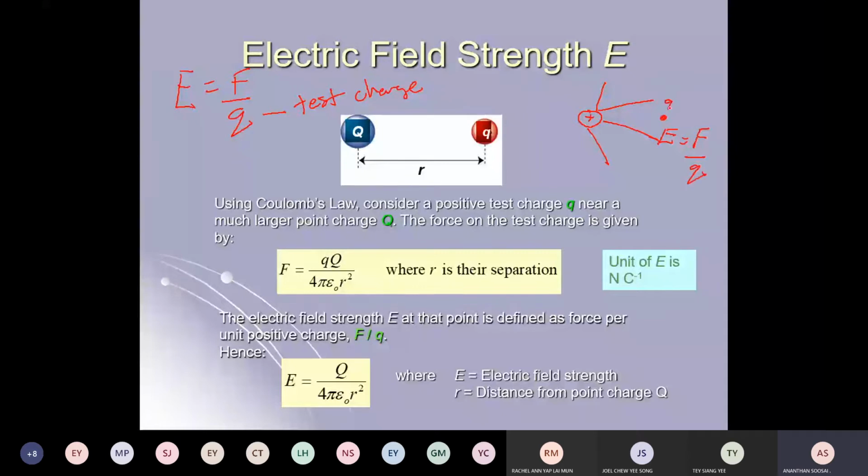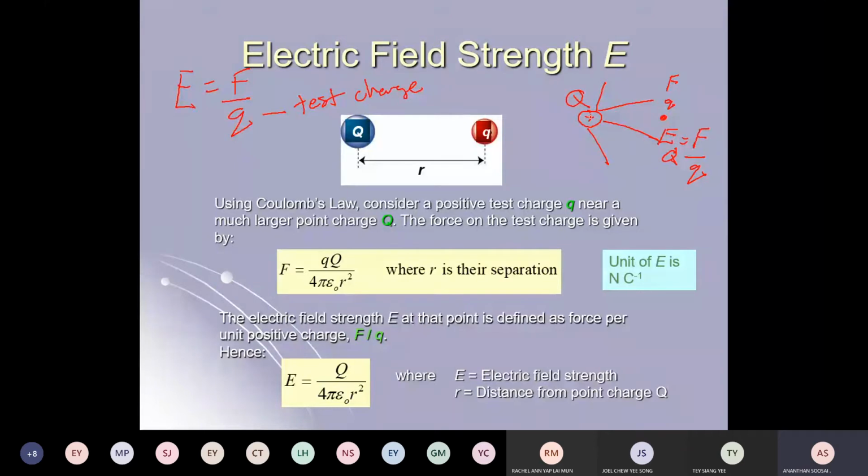If you have a small test charge here, and this test charge experiences a force of F, the field at this point is force per unit test charge. Remember, this field is caused by the center charge. F over small q is the field of which charge? The capital charge, the center charge. The capital charge cannot feel its own field.